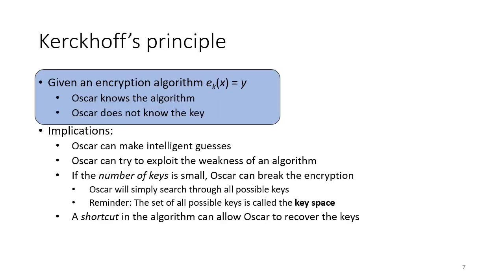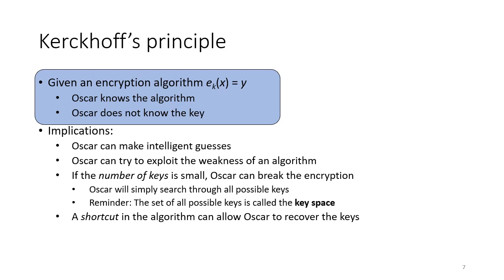But here is one formal principle that people use in order to test encryption schemes. So given an encryption algorithm ek of X, which is equal to Y, Kirchhoff's principle, which is very commonly applied in cryptography, assumes that the bad guy Oscar knows the algorithm.